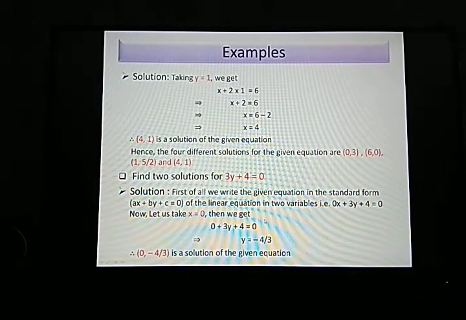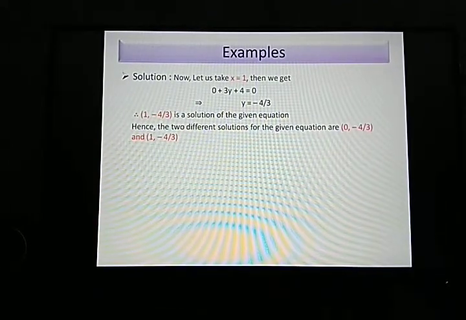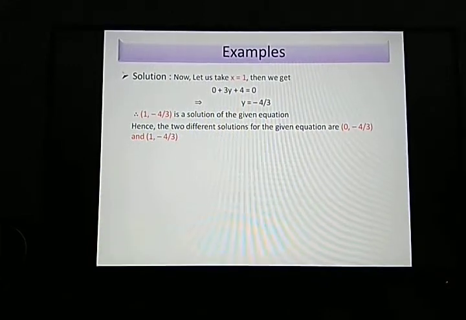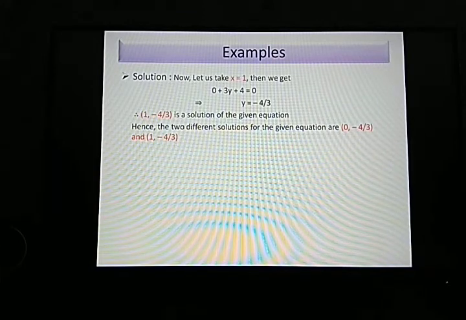Now let us see the other solution. Now what will you do? Same method. Now you might be thinking why I haven't chosen y equals 0 here. If you see carefully, the equation is 0x plus 3y plus 4 equals 0.